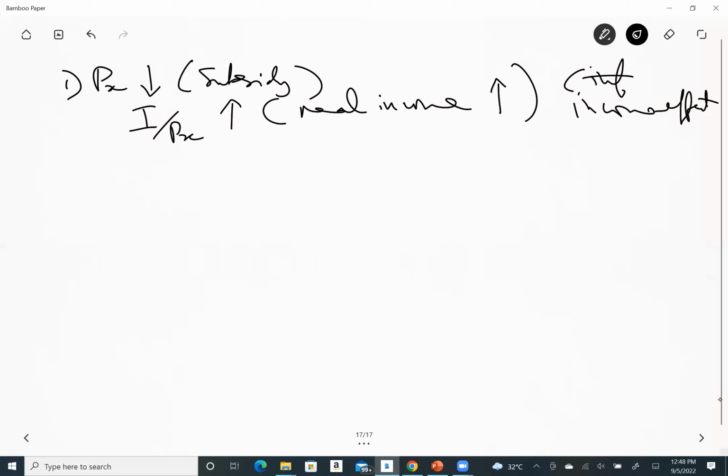All right. That's the income effect. Number 2, you have X increases, Y decreases. And you can see the price ratio here decreases. Don't worry about this. Just look at this thing here.